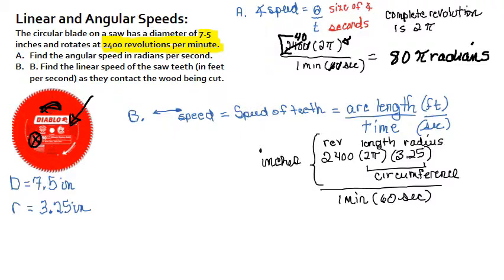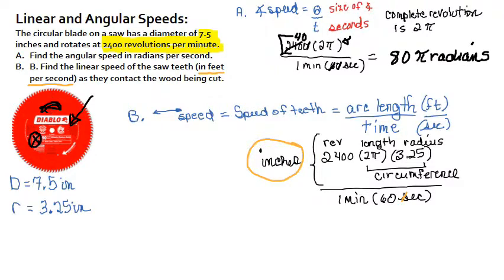Because they want to know that in feet per second, but let's remember that what we were given is the diameter in inches, so we're going to have to do a conversion here with respect to the feet.